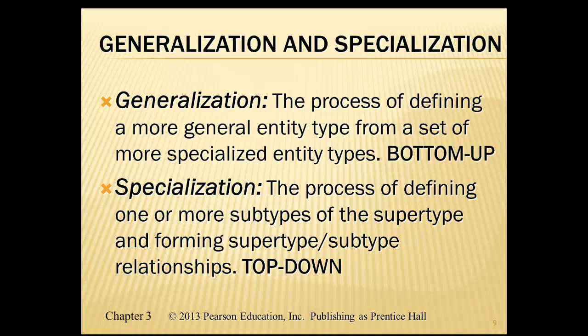And then the specialization, you start with a pretty complex entity at the top and break that down into lower subtypes beneath that supertype. So let's take a look at how that works.